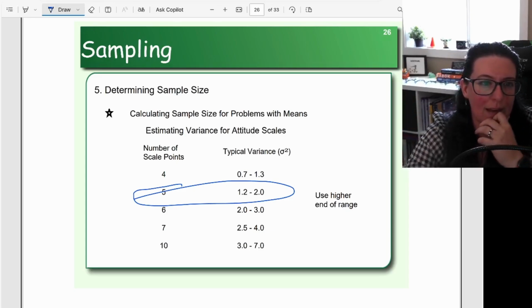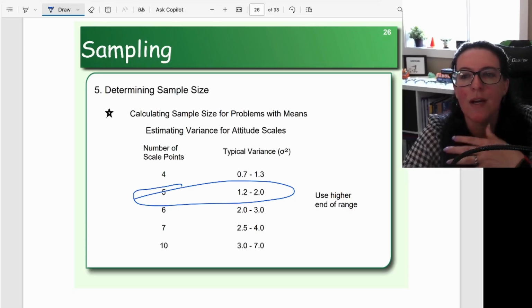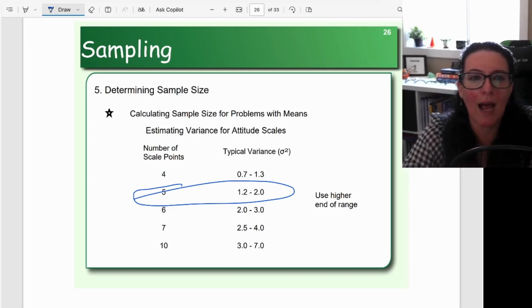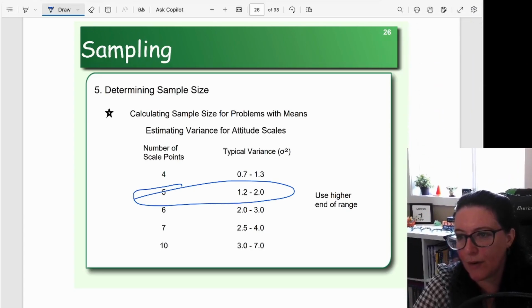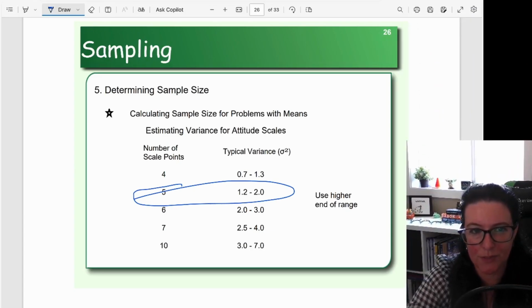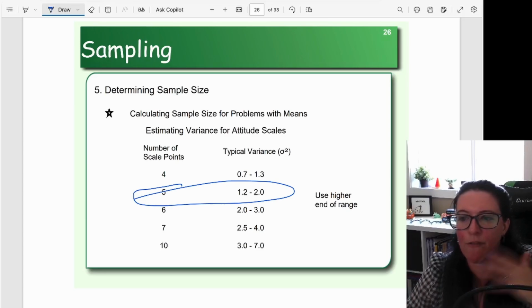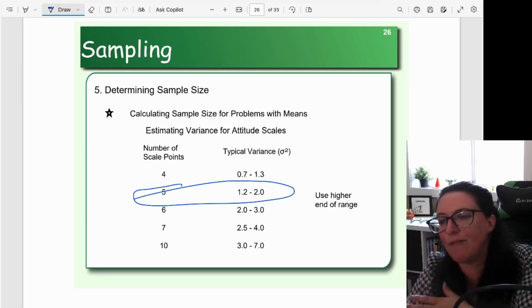So let's give this a try. Let's suppose that we have a question: How would you rate the quality of service at McDonald's? And we have a 5-point scale between very dissatisfied and very satisfied.